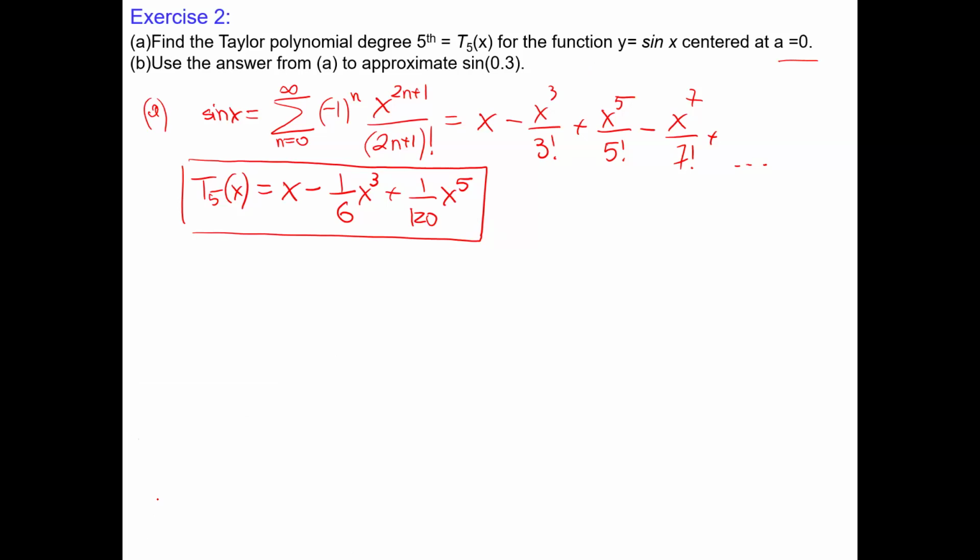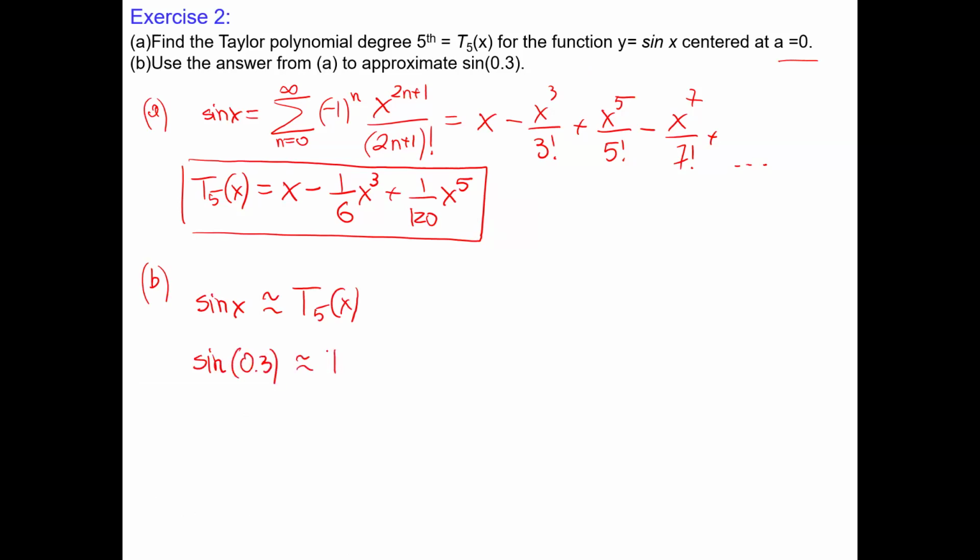Okay, that means this is the polynomial, and now what we can do is approximate. We can say the function sine of x can be approximated by the fifth degree polynomial. It could be approximated by a higher degree, but here we will just do the fifth degree.